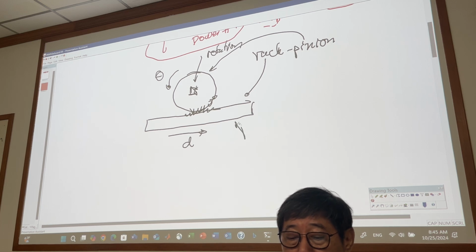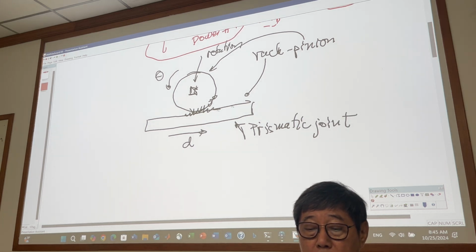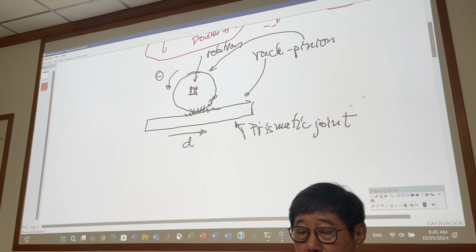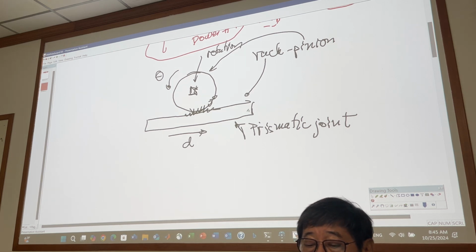So this one you have rotation, this one a prismatic joint. Translation and rotation, right? To convert rotation to translation, because prismatic, rotation to translation, you have a gear ratio as well if you look at this one.